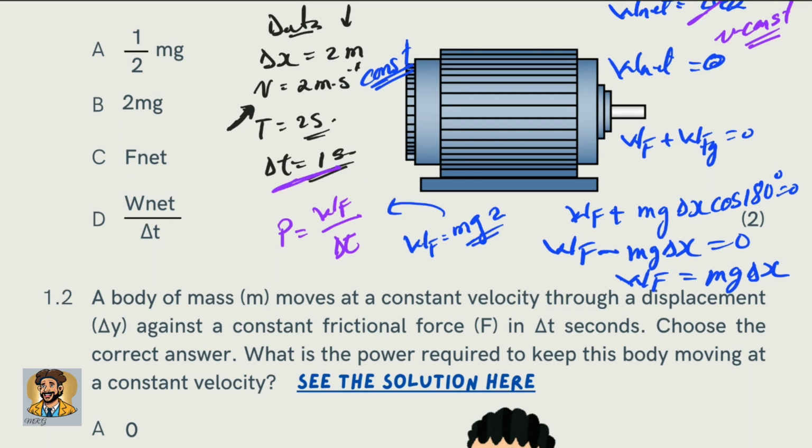Power is equal to 2mg divided by the time, which is 1. 2 divided by 1 is 2. So the answer for power is 2mg. If you go to the options here, the answer will be B.